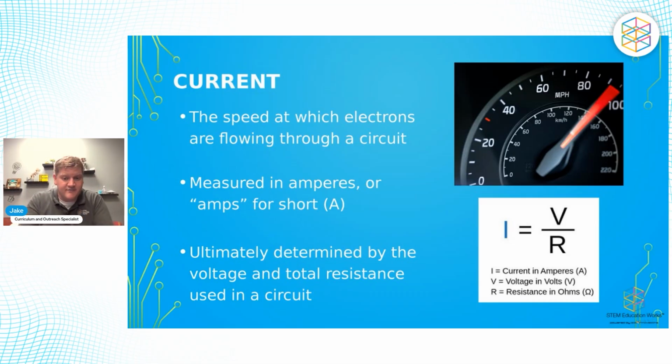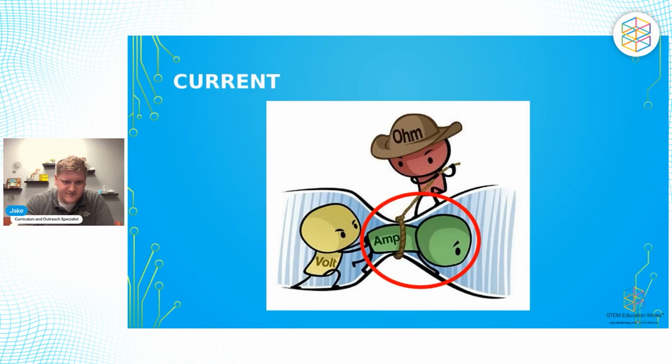And as we can see here, we get a little sneak peek of Ohm's law in the lower right portion of the screen, talking about how we define current with voltage and resistance. And again, our current measured in amps is represented by this little guy who's tied up, being pushed through this tube by voltage, but being resisted by the resistance in our circuit.